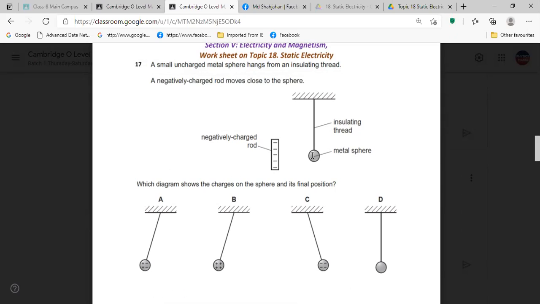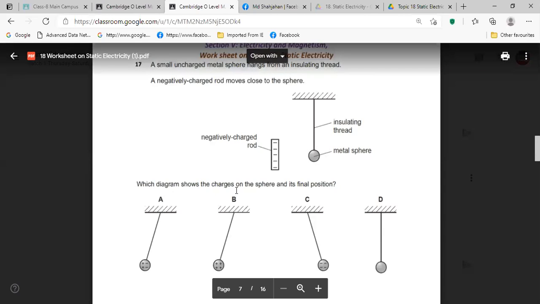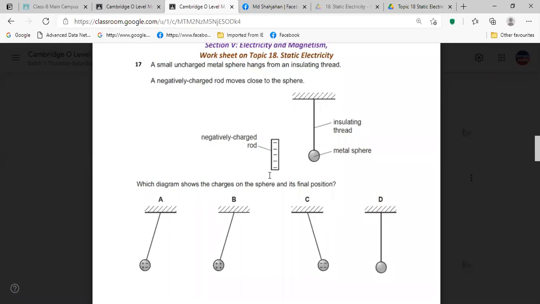That means the left side of the metal sphere will be positive and the right side will be negative. And as there is positive charge closer to this negatively charged rod, due to the rule that unlike charges attract, it will be attracted and the metal sphere will be closer to the negatively charged rod.